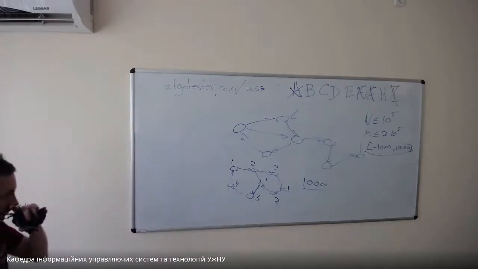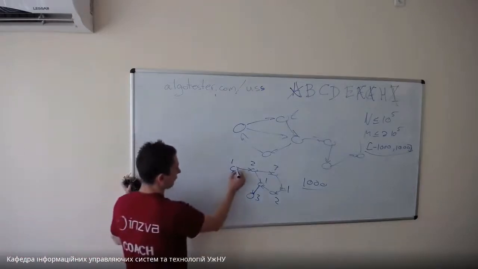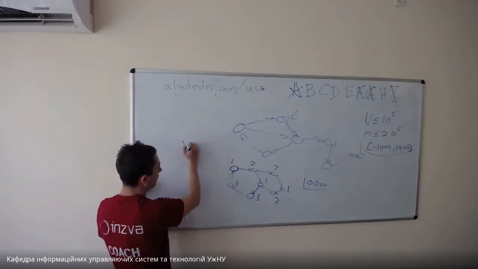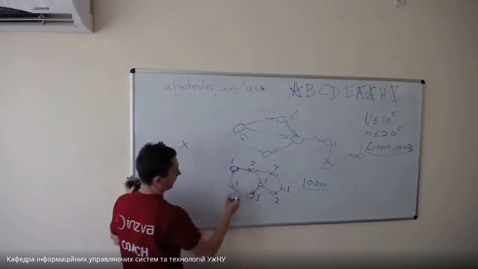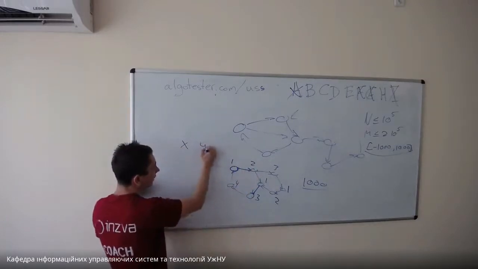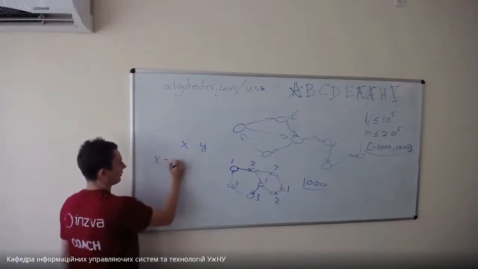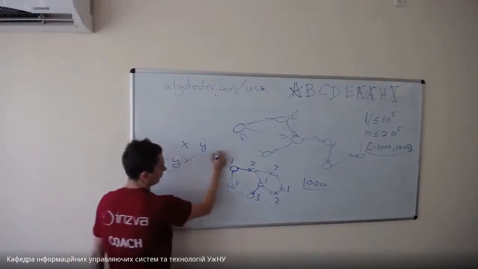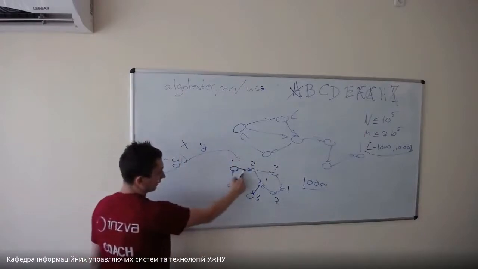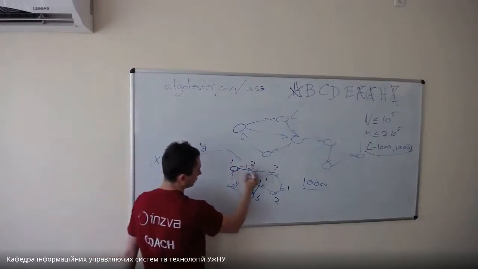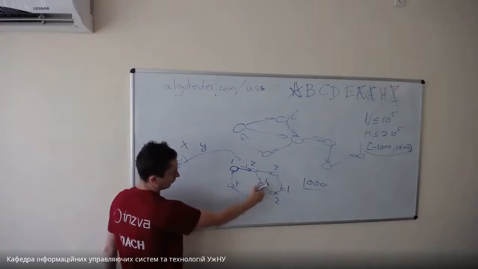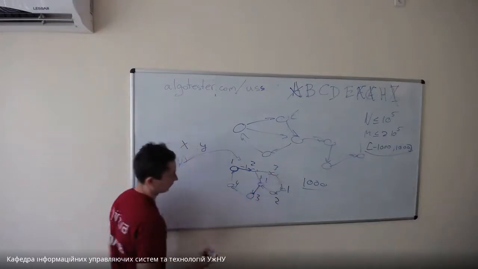And now, if you have an edge from a vertex with color X to a vertex with color Y, let's assign weight X minus Y to this edge. So in this case, the weight would be -1. In this case, we go from 2 to 1. The weight is 1.